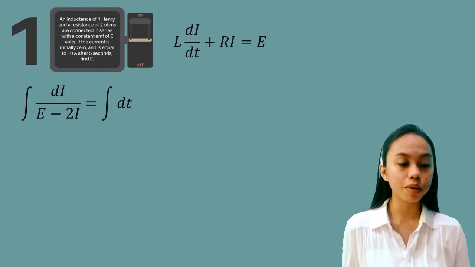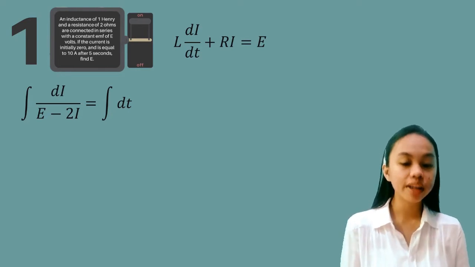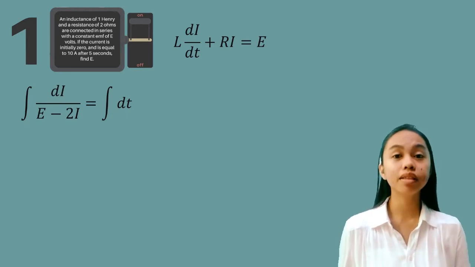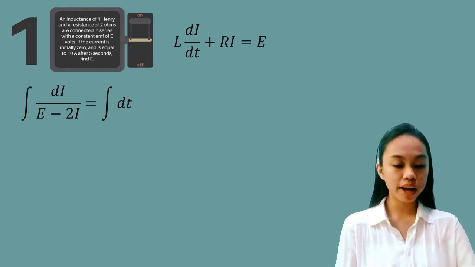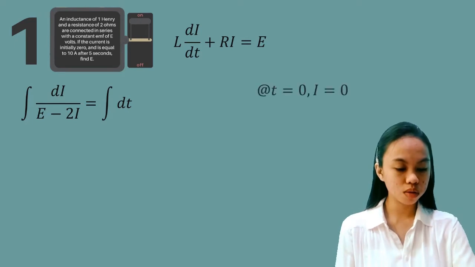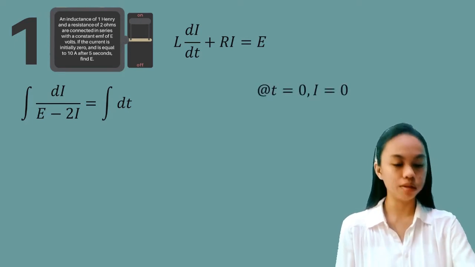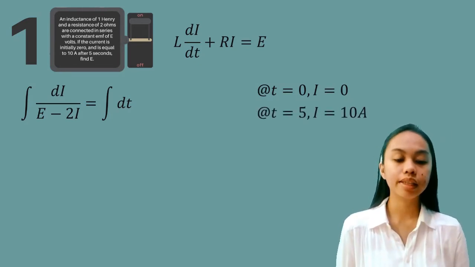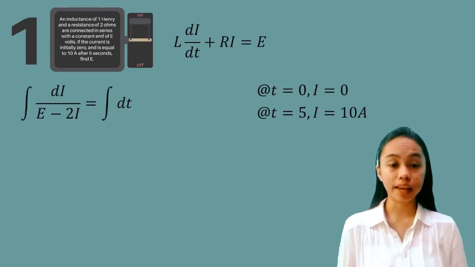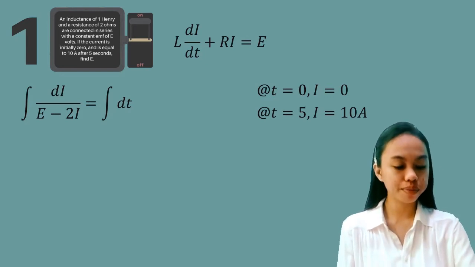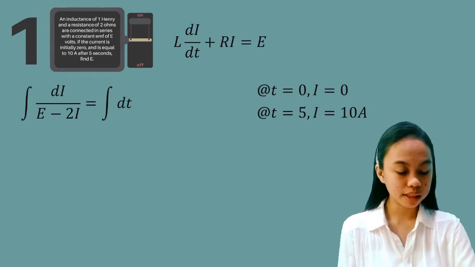The first condition is that the current is initially 0, so we can assume that time is also 0. At t = 0, I = 0. The second condition is that the current is 10 amperes after 5 seconds, so at t = 5, I = 10 amperes.